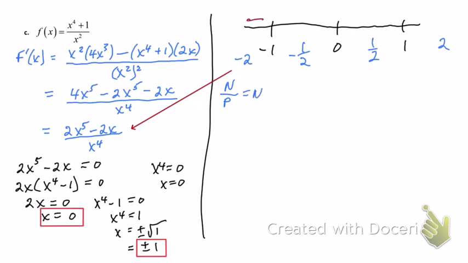I stick a negative 1/2 in, watch what happens. Negative 1/2 to the 5th power is going to be negative 1 over 32 times 2, so negative 1/16. Take away, add 1. So positive. So I know my middle piece is increasing, one of them.